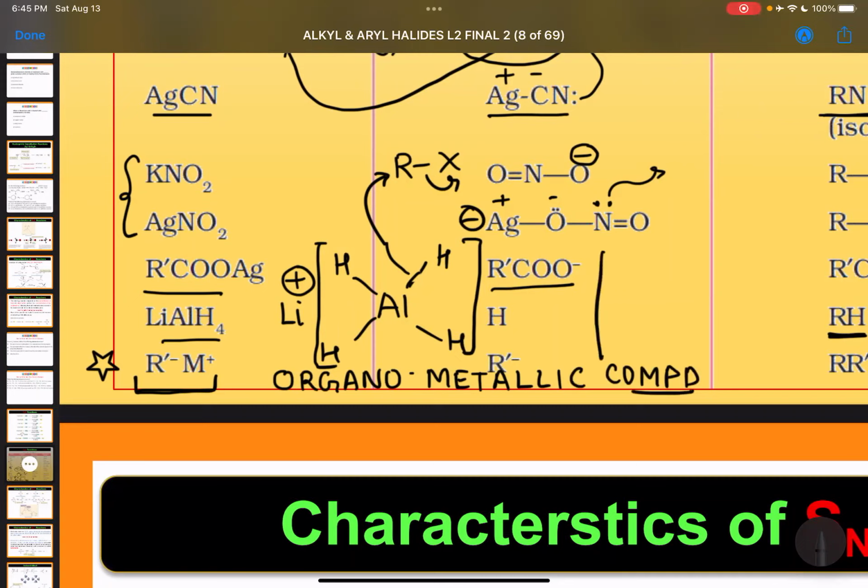And that is Grignard. What is Grignard reagent? What you do, you take an alkyl halide, it is liquid, and there are small pieces of magnesium available, that is known as magnesium turnings. You put it in ether. Ether can be diethyl ether, ethyl oxygen ethyl.